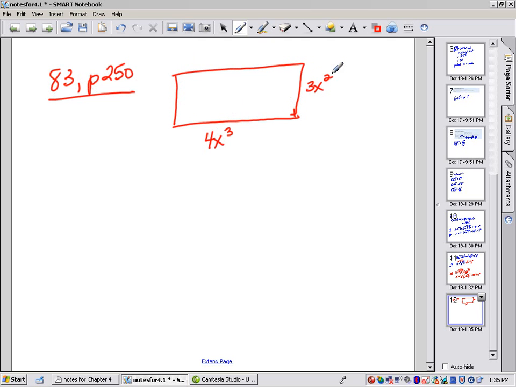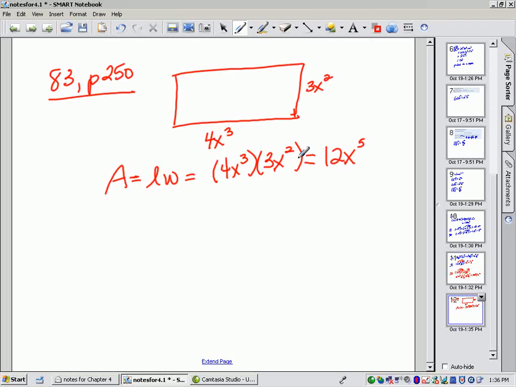So to find the area is length times width. So that's going to be 4x cubed times 3x squared. So that is multiplying like bases, so we can add the exponents, so that would be 12x to the 5th power. Again, don't make the mistake of multiplying the powers.